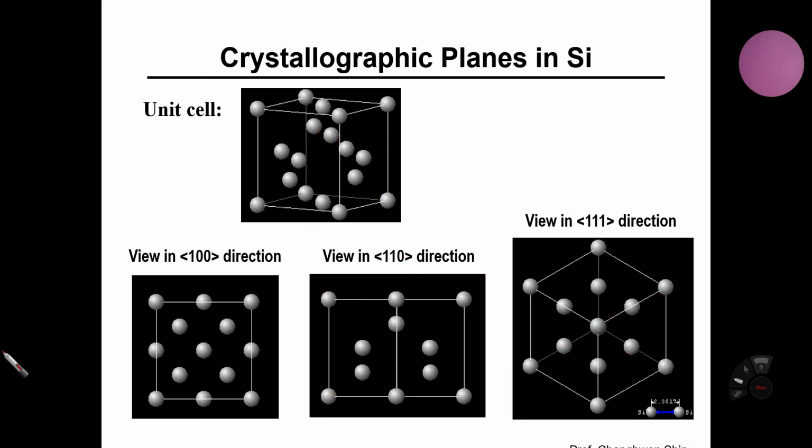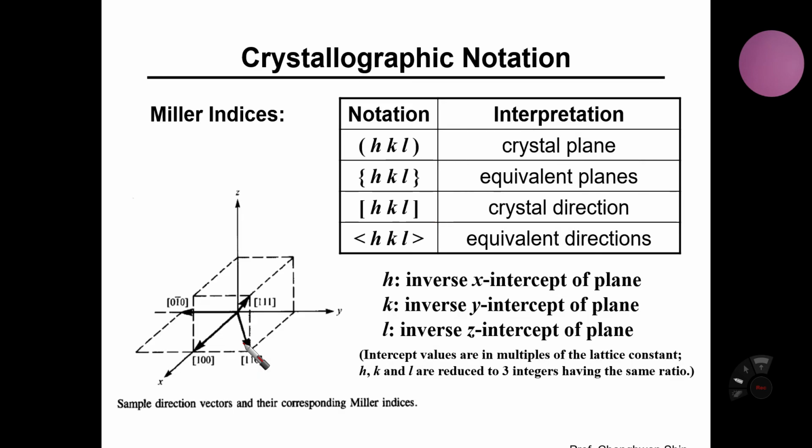In this slide, you will see how the silicon atoms are placed depending on the direction. Let me go back to the Miller indices again here and explain more about crystalline direction.